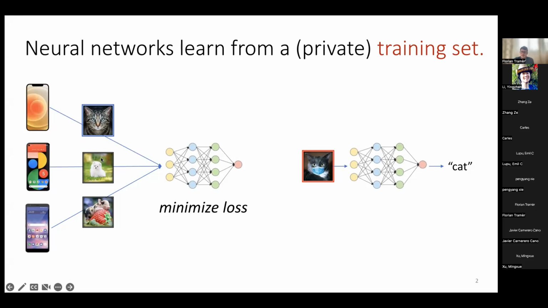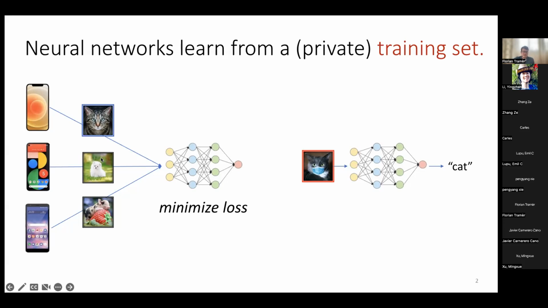And then once the model is trained, it gets deployed and can answer questions or make predictions about user data. And we'll assume here, which is very often going to be the case, that the training set has some kind of privacy properties that we'd like to preserve. So maybe the data comes from individual users, and so we'd like for this training and using the final model to not infringe on users' privacy.